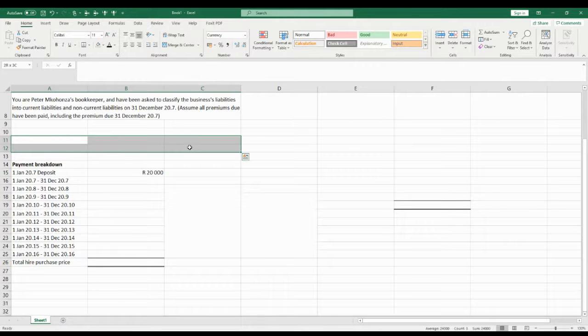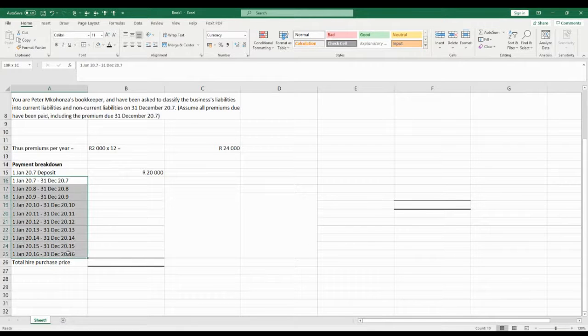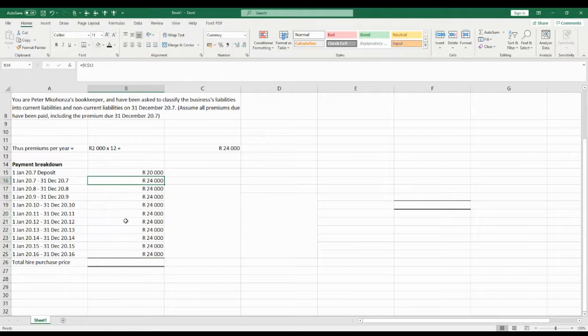It also said that the premiums are 2,000 per month over 12 months, which equals 24,000 per year, and that is for a 10-year period. I've listed the 10 years that we would use, and for each of those, it's 24,000.